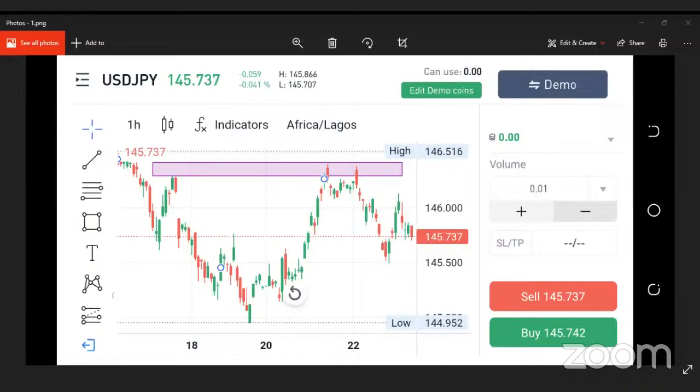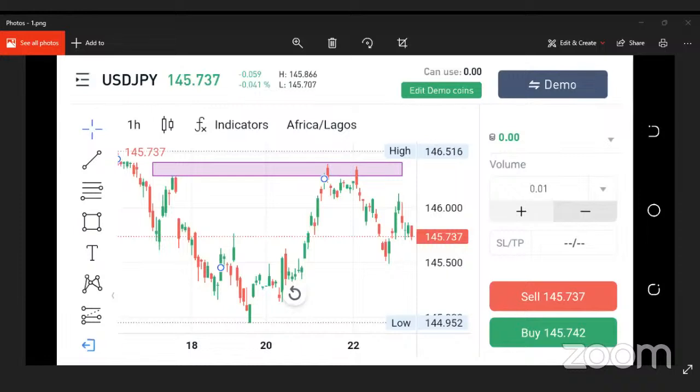The market is coming down, it's coming down, it's coming down. It gets to a support zone and it's going to pause. The pause can either reverse, or break down and continue to go down.